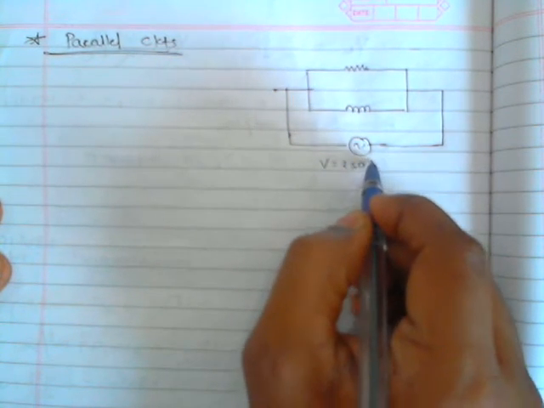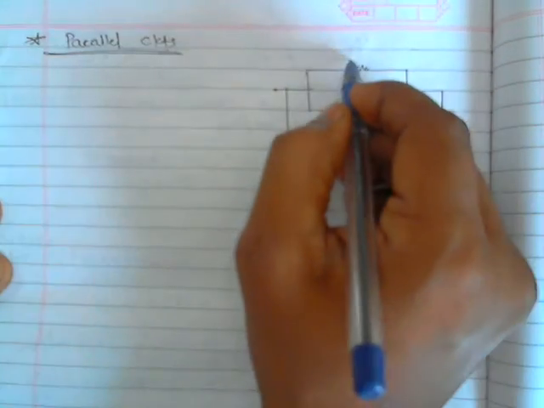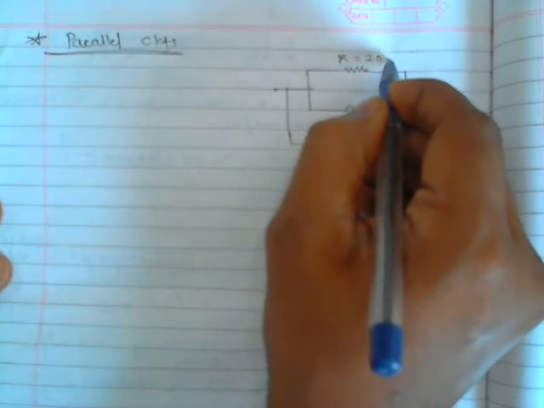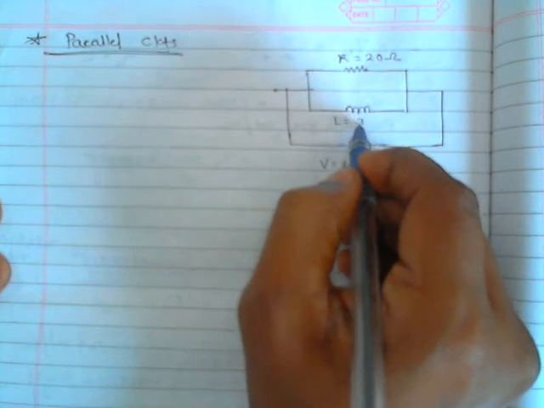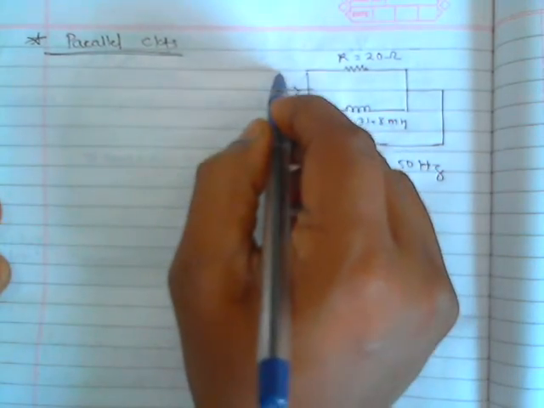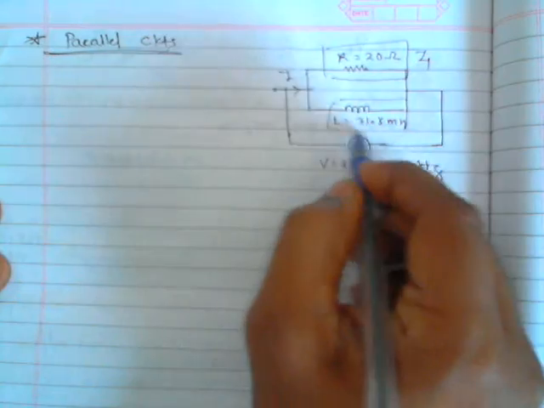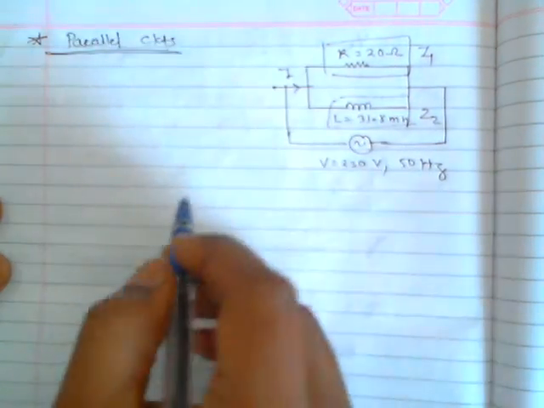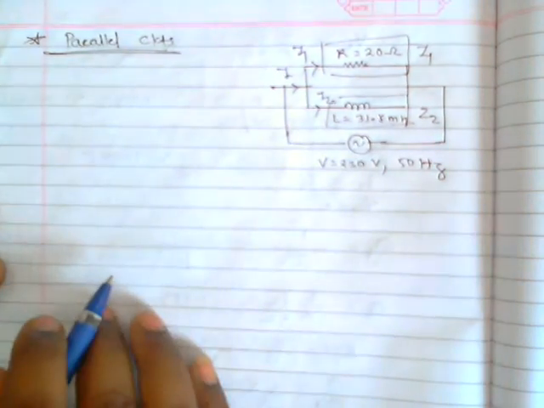Voltage is 230 volt, frequency 50 hertz, R equal to 20 ohm, L equal to 31.8 millihenry, current I, impedance of this will be Z1, impedance of this will be Z2. Current in this is I1, current in this is I2.